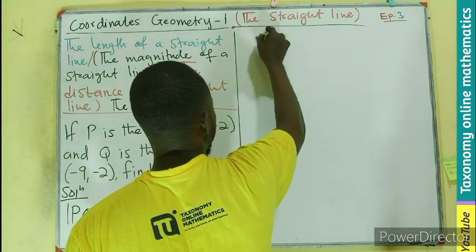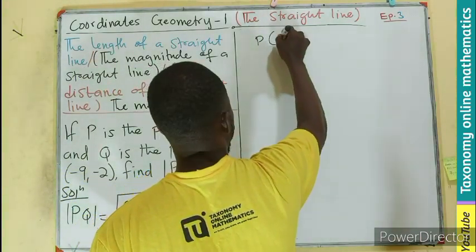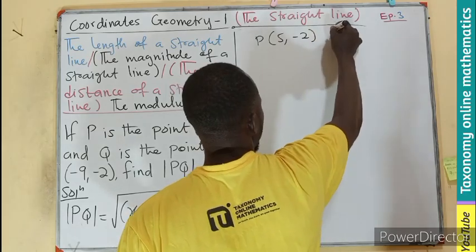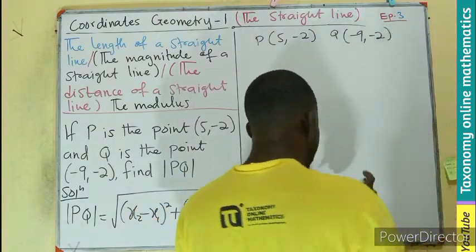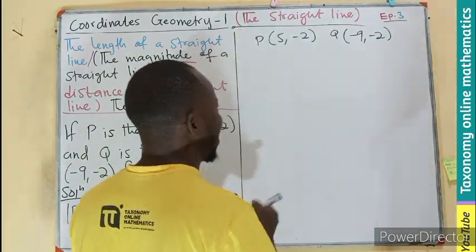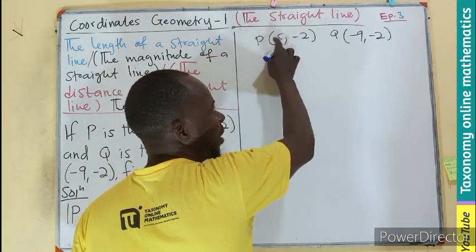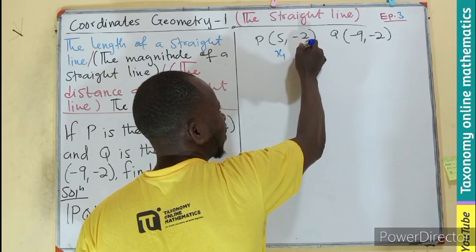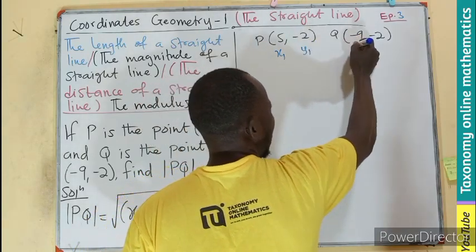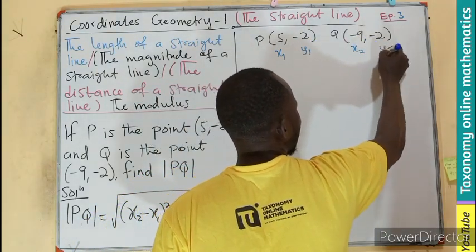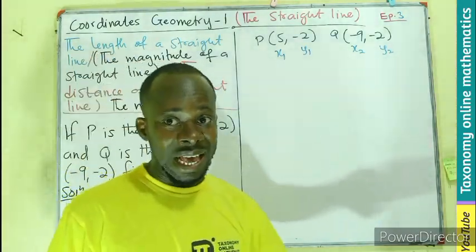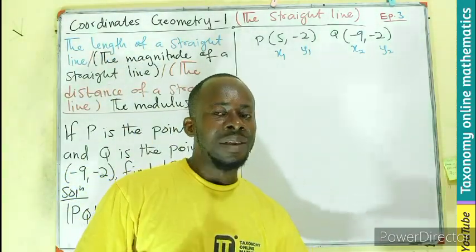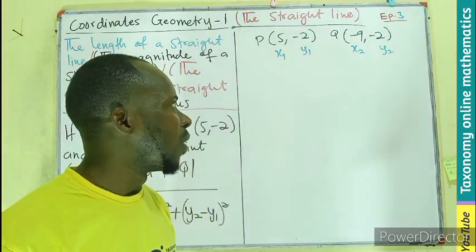If I have P as the point (5, -2) and Q as the point (-9, -2), P is the first point. So that will be the first x point, first y point, second x point, second y point. That's how we identify the first x, the second x, the first y, and the second y.